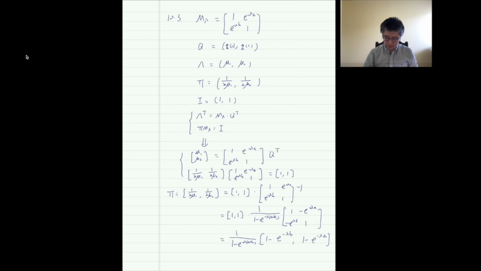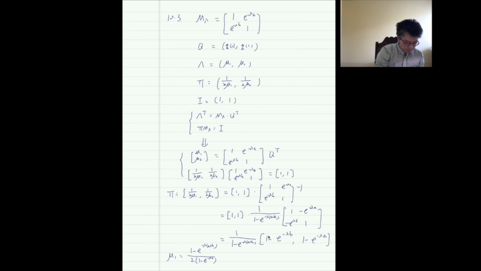From here we can obtain the values of mu1 and mu2, because we know 1 over 2 mu1 equals this. Therefore mu1 will be nothing but 1 minus e negative lambda times a plus b, over 2 times 1 minus e negative lambda b.